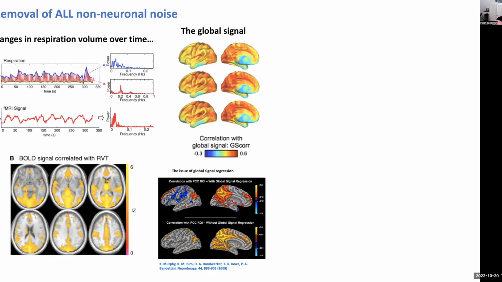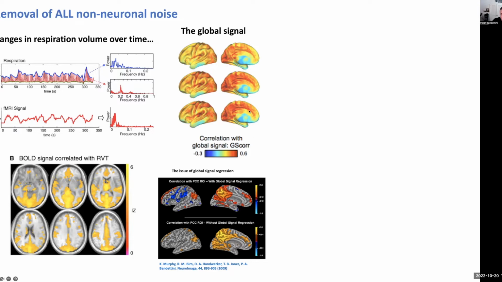You can imagine a boxcar on top of a zero, and if you take the mean of that whole time series, it shifts down, and then suddenly you have areas that show negative correlation with other areas. And that occurs pretty robustly. You get these negatively correlated areas that you could misinterpret. It certainly cleans up the signal, but you get that.